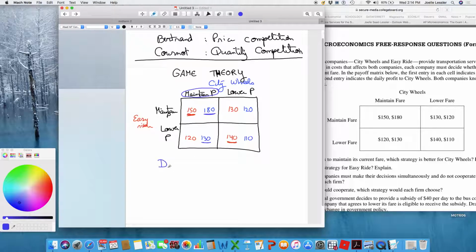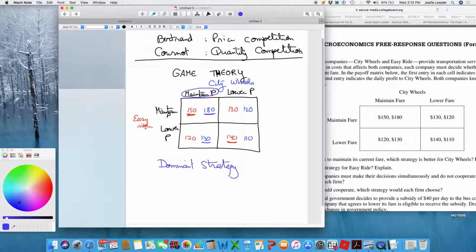A dominant strategy is a strategy that does not change depending on what the other guy does. In this particular case, regardless of what Easy Ride does, City Wheels' best response is to always maintain price. So maintaining price is a dominant strategy for City Wheels.